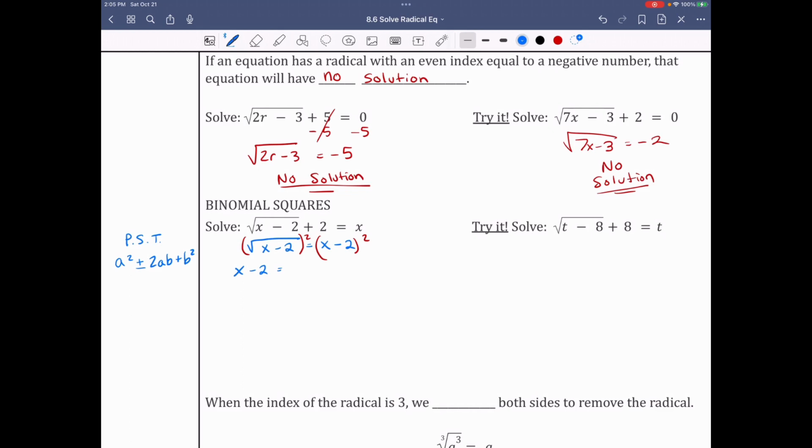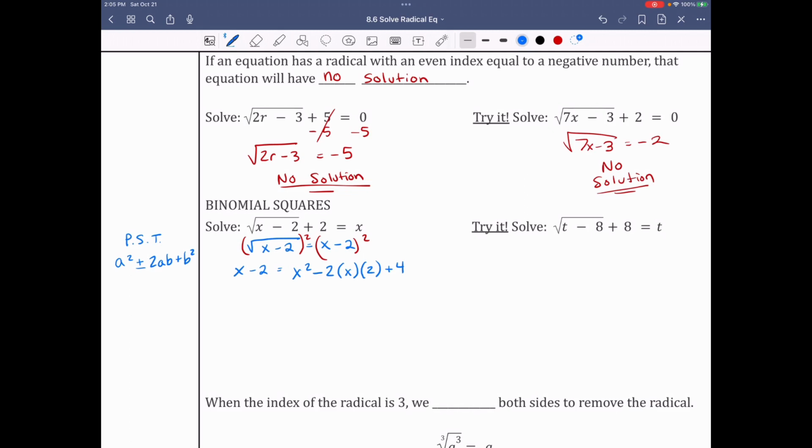So we're going to take the x, we're going to square it. Then it's a minus, so minus 2a is x, b is 2, and then 2 squared is 4, so plus 4. That's the formula for a perfect square trinomial.